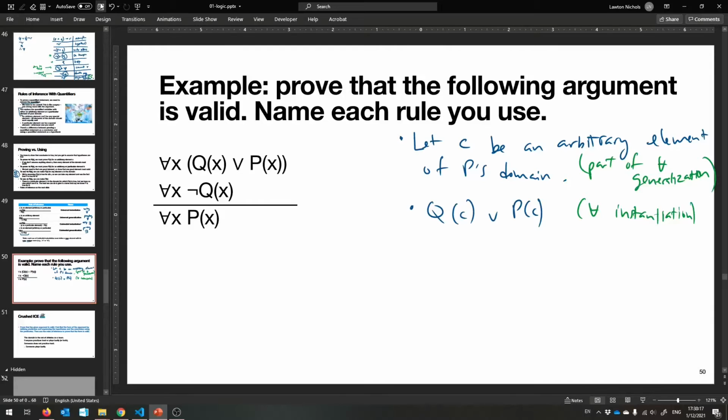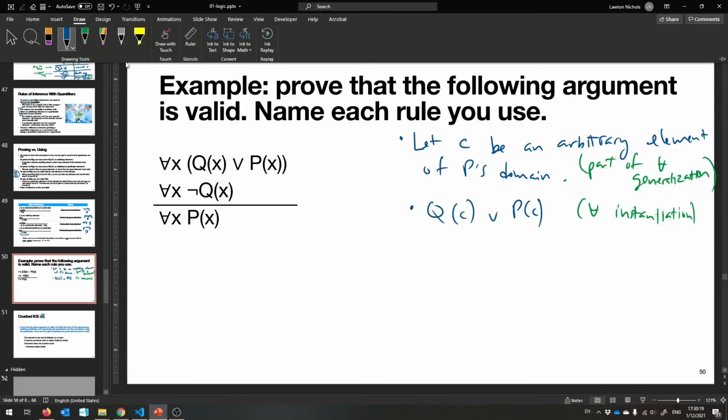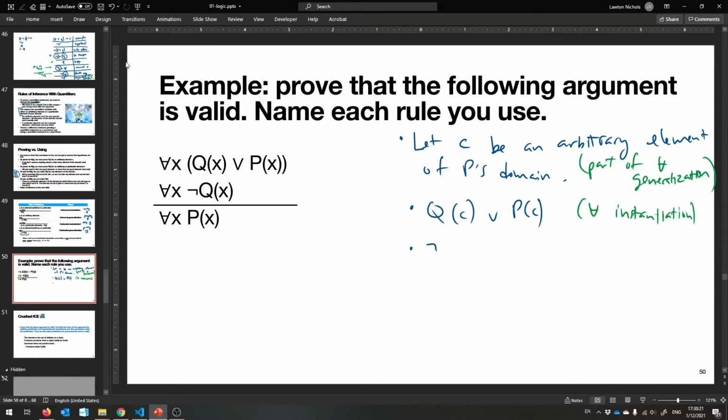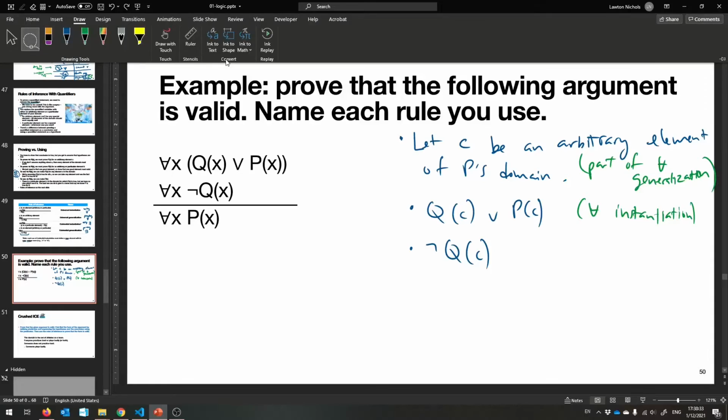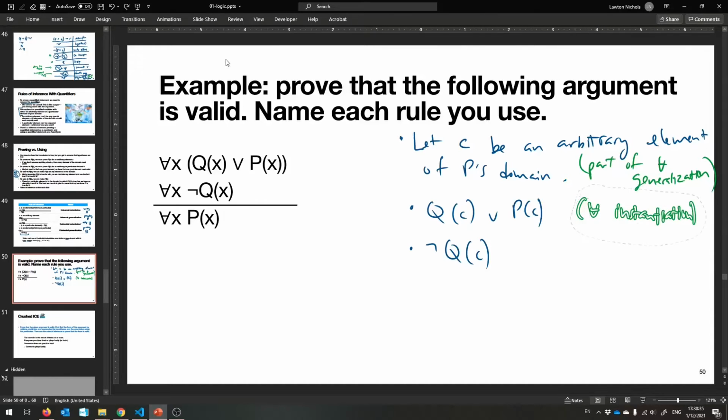Okay, so I know that by universal instantiation, and I also know by the same thing, not Q of C. Because I know for all X, not Q of X. Well, C is one of those. Let's plug it in and get this out. So again, we have this by universal instantiation.